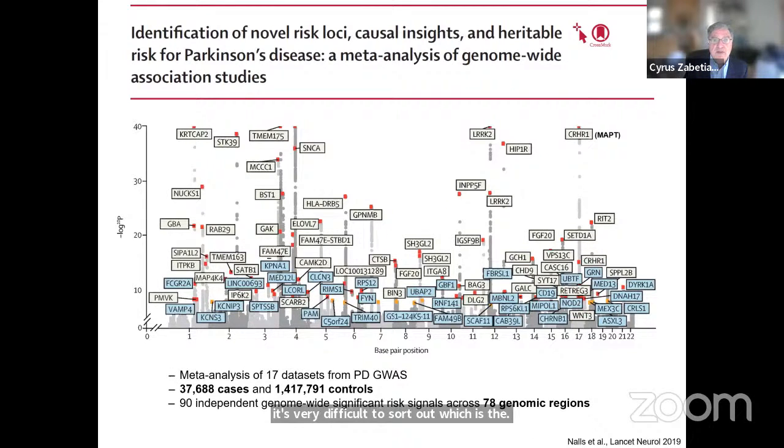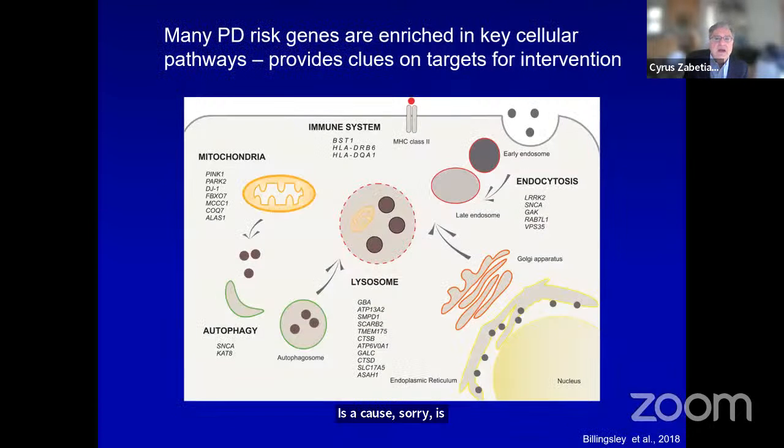And a question I often get is, okay, if these GWASs are finding genes that have such a small effect on risk, what's the point? We get it when you talk about causal genes, but what's the point if you're looking at susceptibility genes? What I would say is that what is interesting and informative is when you start seeing these genes stack up in particular pathways.